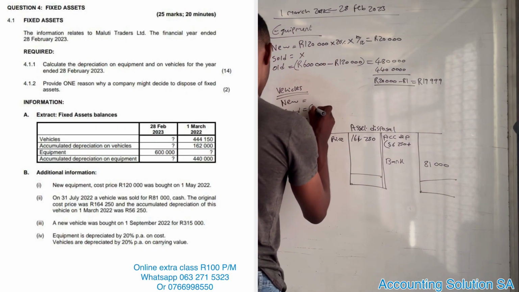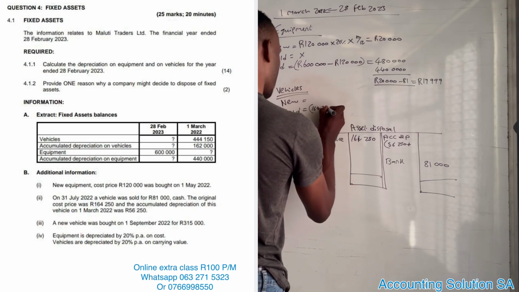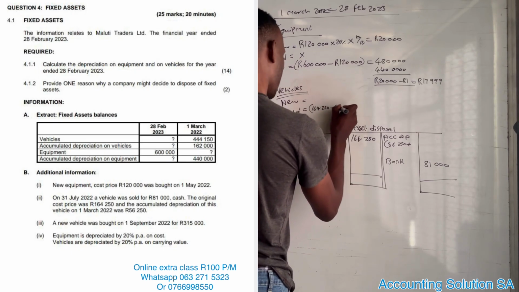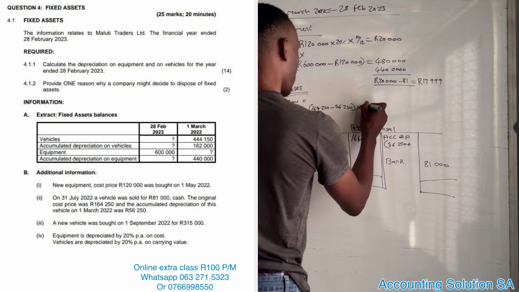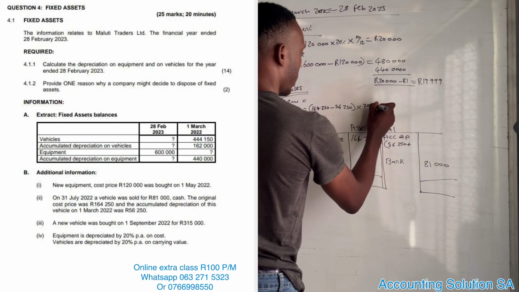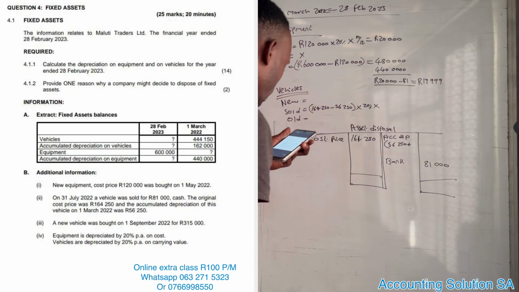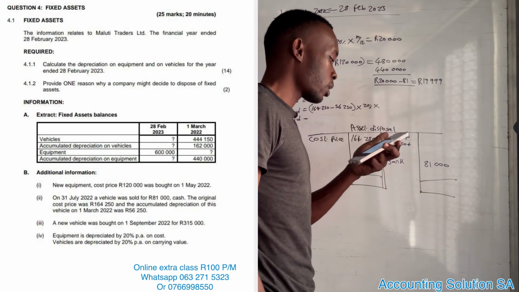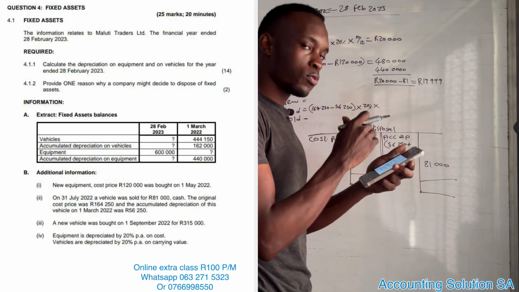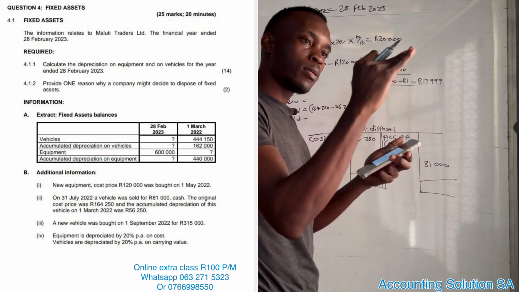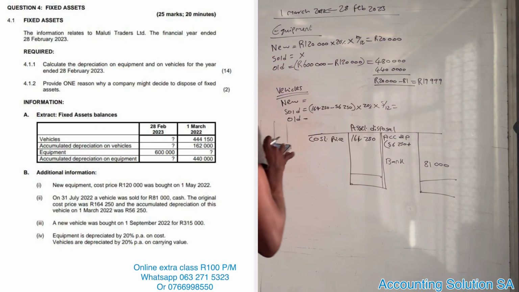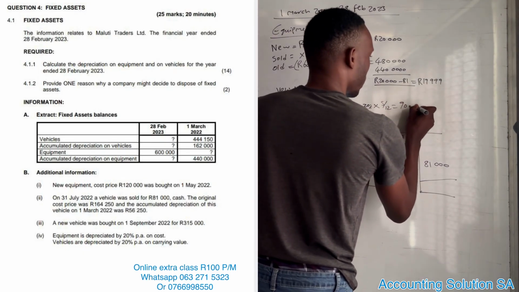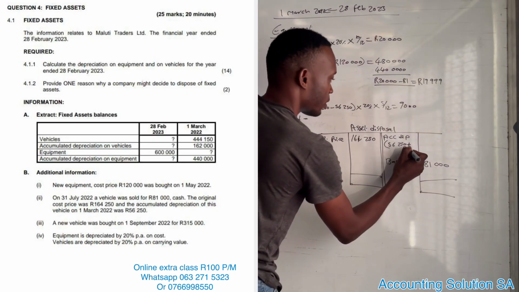Cost was 164,250 minus accumulated of 56,250, you multiply by 20%, and then you count months. It was sold on 31 July, which means you count from March up to July: March, April, May, June, July. 5 months, 5 over 12. And you are going to get 9,000.